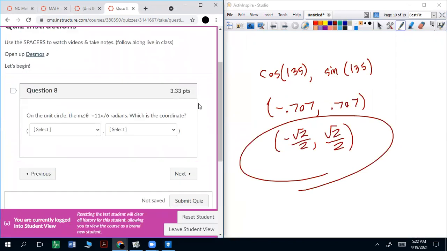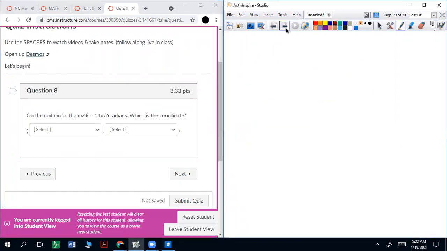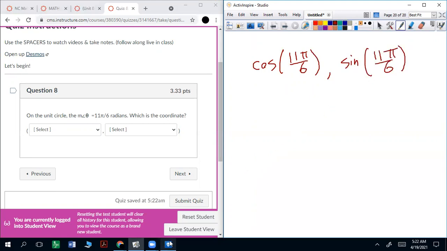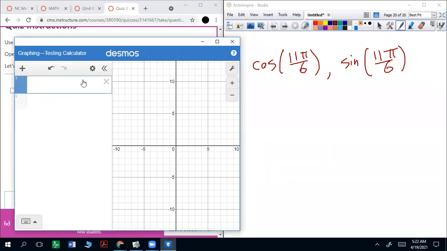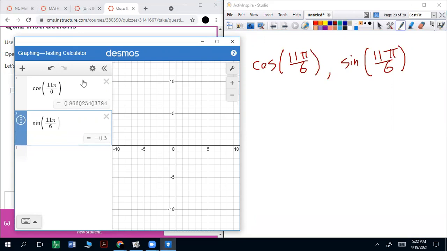And number 8, 11 pi over 6. Cosine 11 pi over 6. Sine 11 pi over 6. Radians. You might be noticing that every time there's a 0.866, there's a 1/2, right?